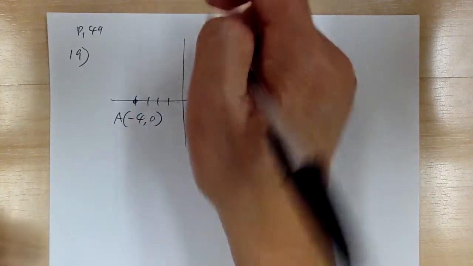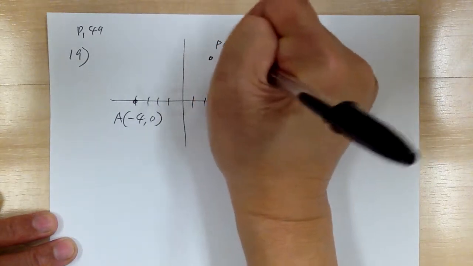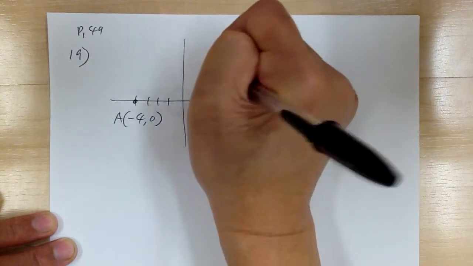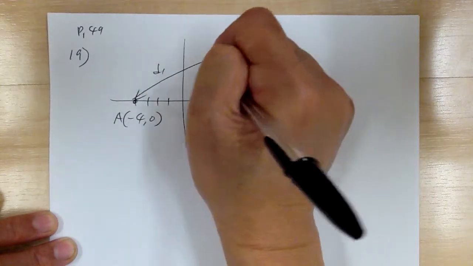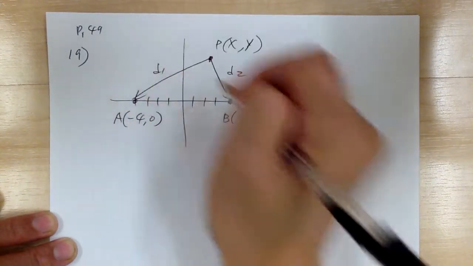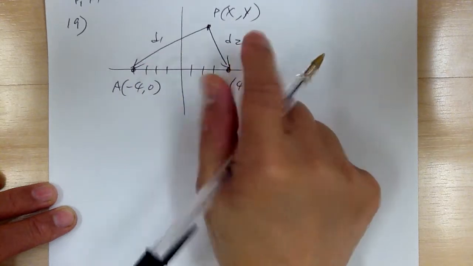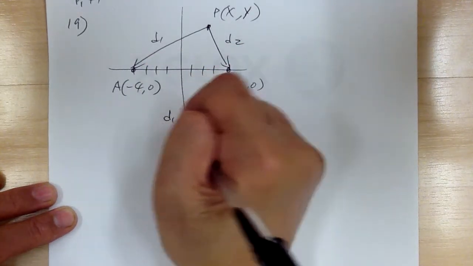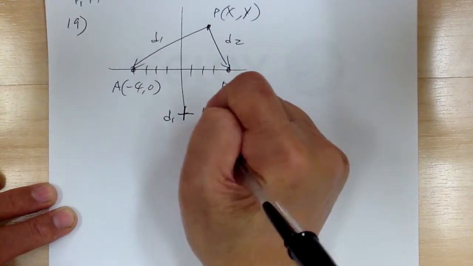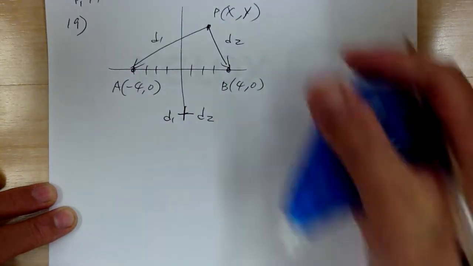And the sum of distance, so you can put a random point out here, (x, y). So that's your D1, that's your D2. So the condition is the sum of the distance. So D1 plus D2 are the sum of the distance.